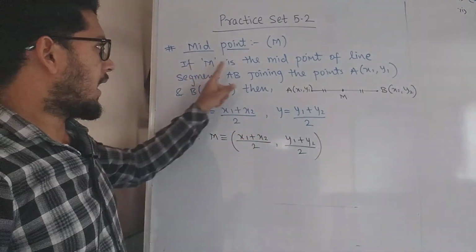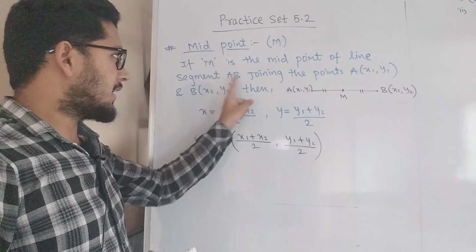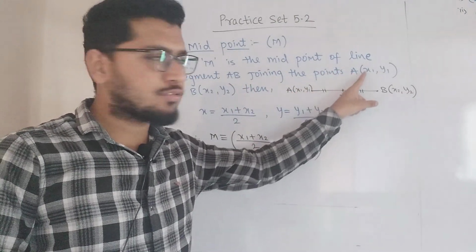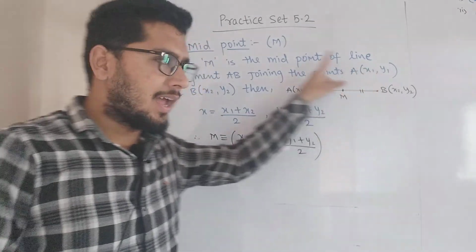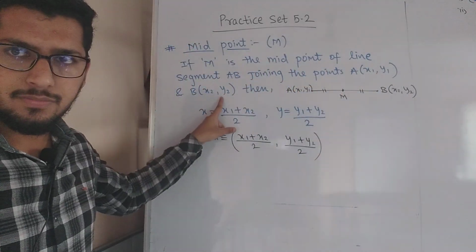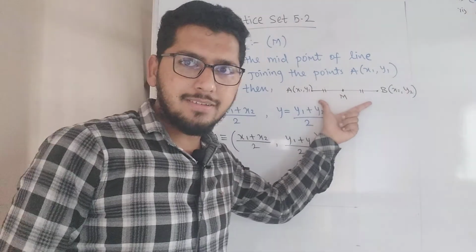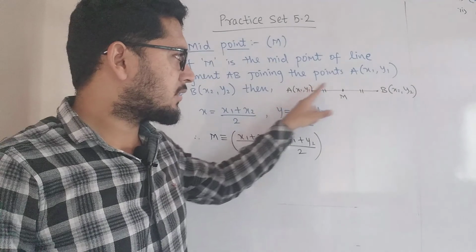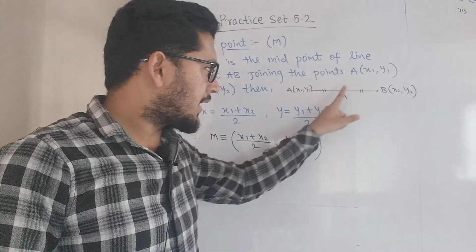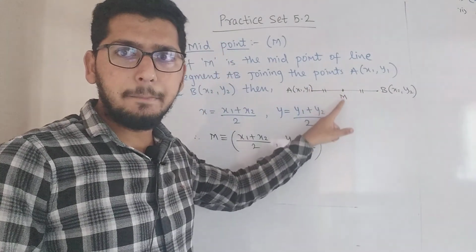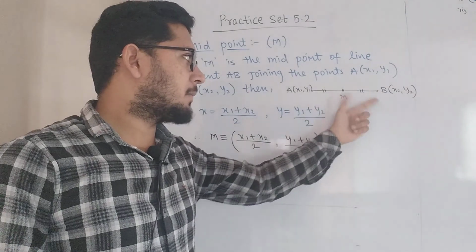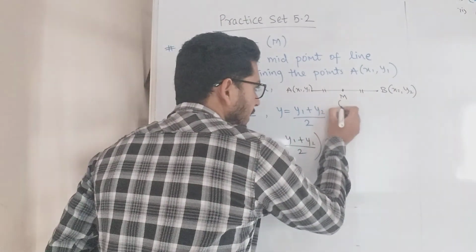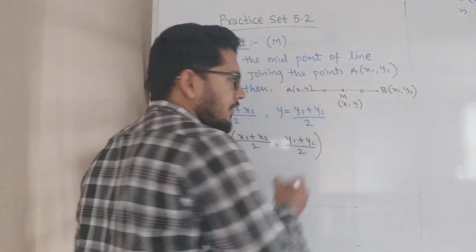That is, if M is the midpoint of a line segment AB joining the points, जो पहला point होता है सेगमेंट का, उसको x1 comma y1 से डिनोट किया जाता है एंड सेकेंड पॉइंट इज x2 comma y2. तो एक सेगमेंट मैंने इधर ड्रॉ किया, यू कैन सी हियर A एंड B. तो A का कोऑर्डिनेट सपोज किया x1 comma y1, the coordinate of B is x2 comma y2 and M is in the center, it is in the midpoint of the segment AB. So M is in the center of the segment AB, then this M is said to be a midpoint and the coordinate of M is called x comma y.